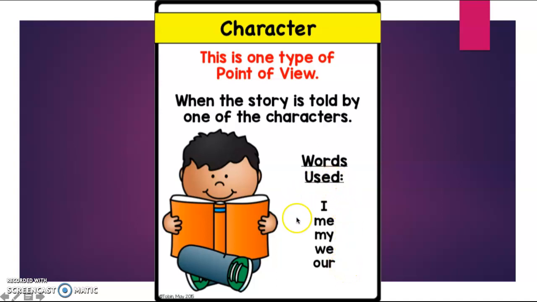So if these words are being used in the story, then you know it's a character telling the story. The point of view is coming from a character in the story. They are telling things the way they see it, or how they feel.